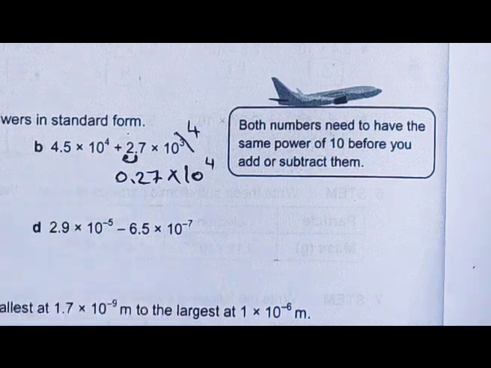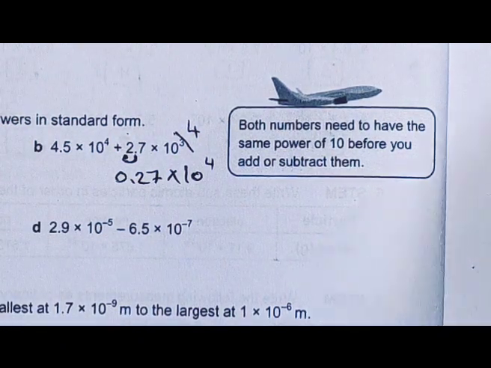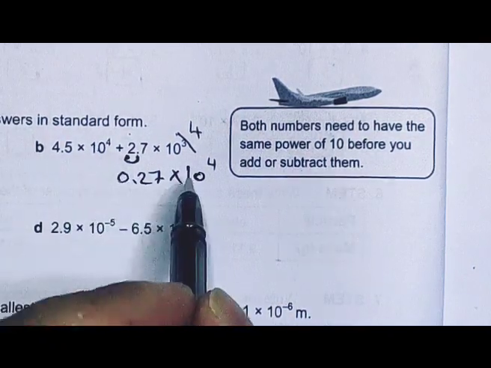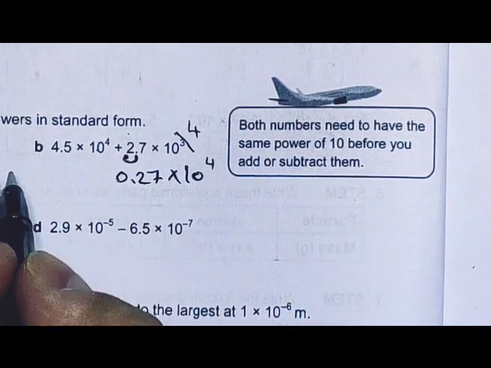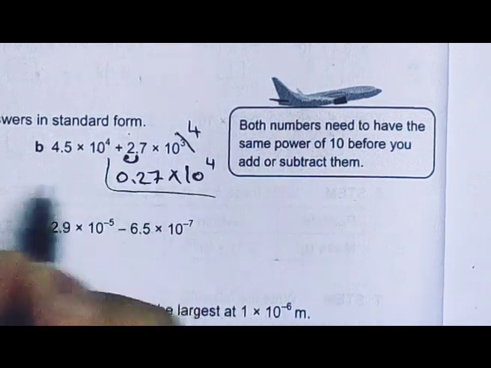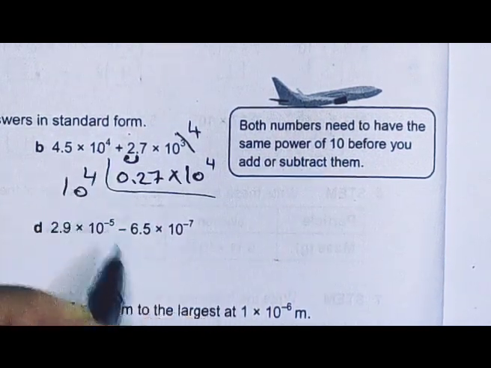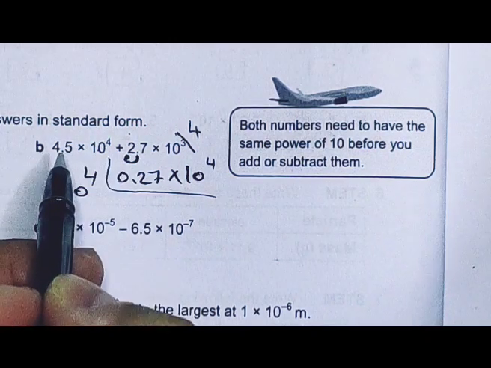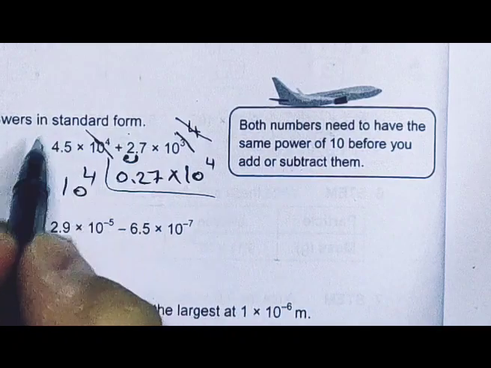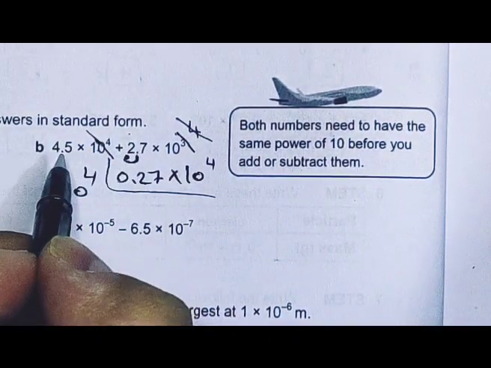Now I can answer the question using the common factor or the common powers. So here 10 power of 4, 10 power of 4. It means the answer will have 10 power of 4. Let me show you. The answer will have 10 power of 4. Now, I'm going to add these numbers because I already took 10 power of 4 as a common factor and I put it in the answer.